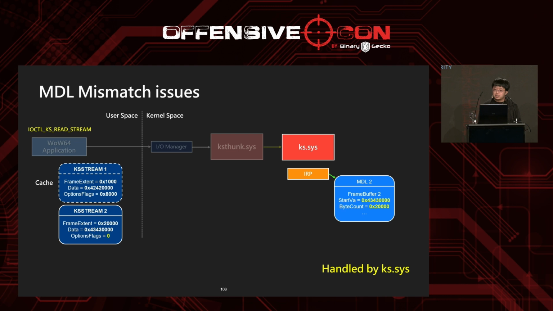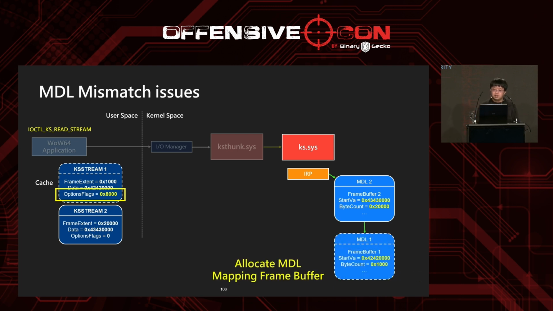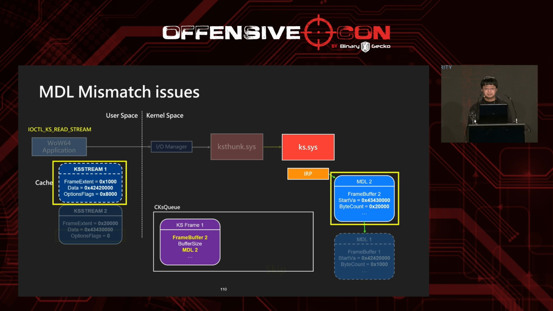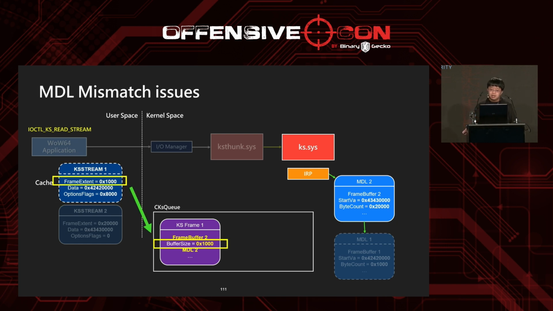Next, the IRP is passed down to KS. At this point, KS checks the option flag again. For the first frame, since it has a cache flag, it will allocate an MDL and map a frame buffer, and then insert it into the MDL chain. For the second one, the cache flag is not set, so it will skip the allocation. Finally, KS creates the cache frame structure based on the MDL chain and the cache stream header. The frame size from the header is stored into the corresponding cache frame for both frames.